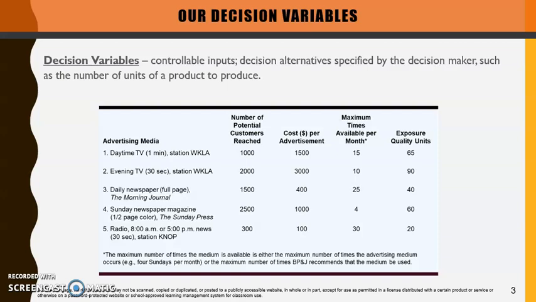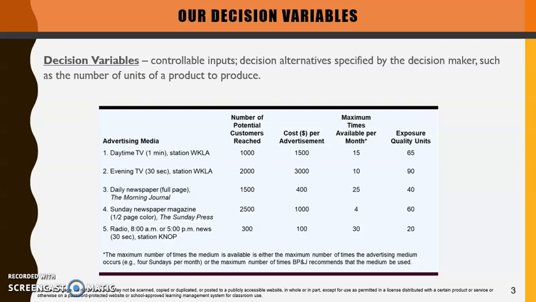It is the regular mistake that students make, and that's the reason I'm emphasizing this. See, my friends, cost per advertisement, as you can see in the table, cannot be a decision variable. Why? Because it is uncontrollable. It says cost per advertisement for daytime TV is 1500.